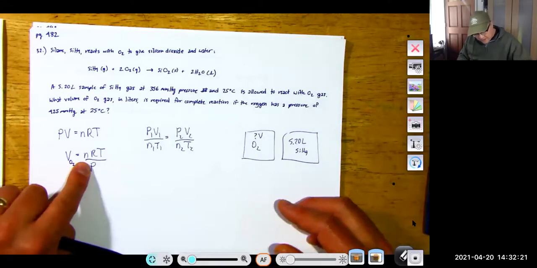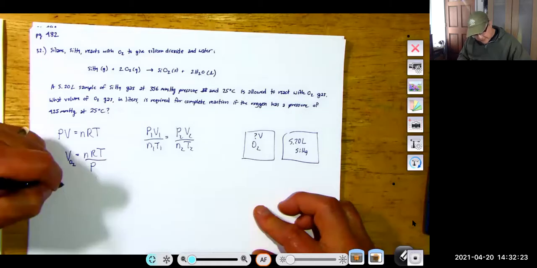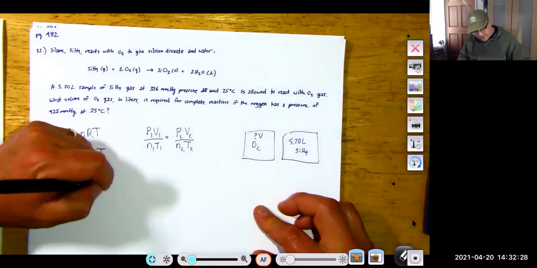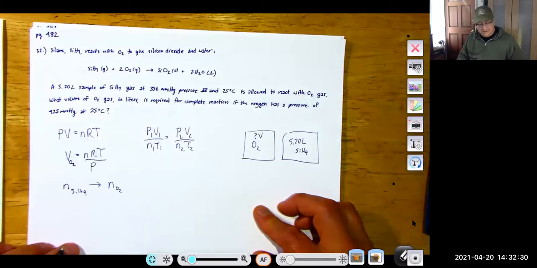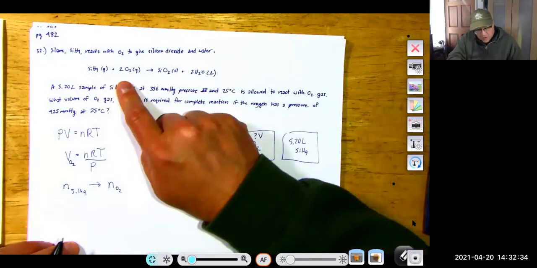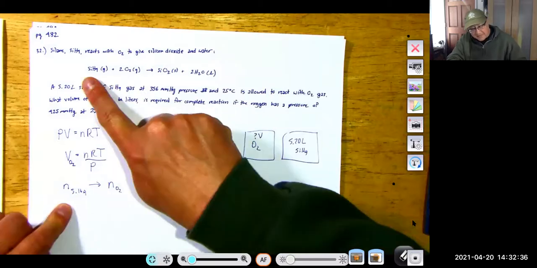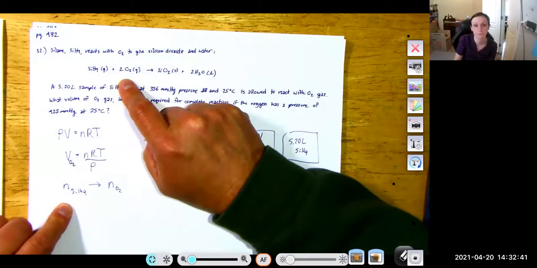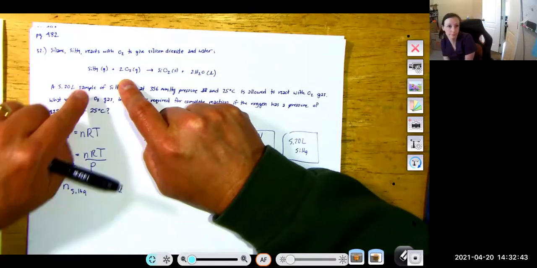I do know that if I have the moles of silane, I should be able to get the moles of O2. Clearly, if I have 2 moles of silane, I'm going to have 4 moles of O2. If I have 1 mole of silane, I'll have 2 moles of O2.